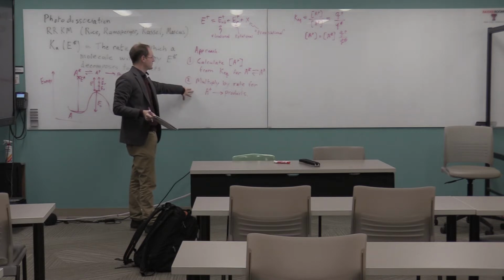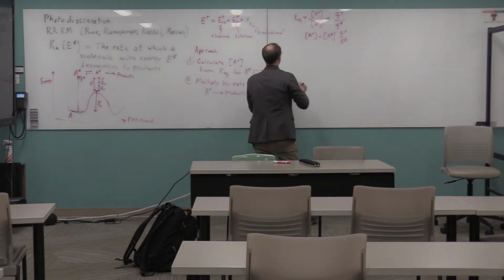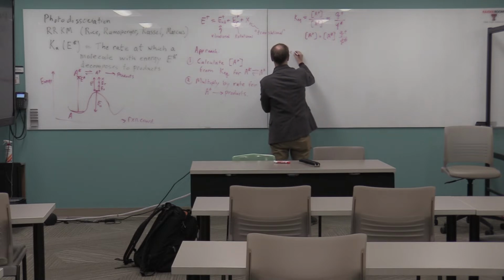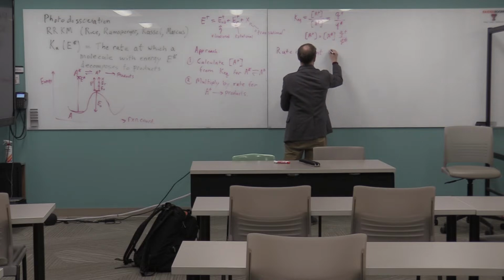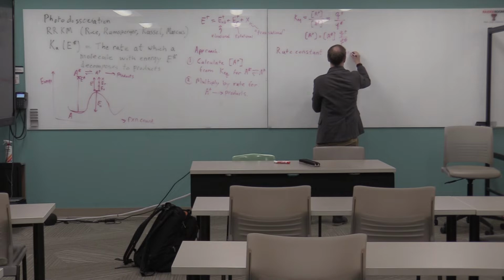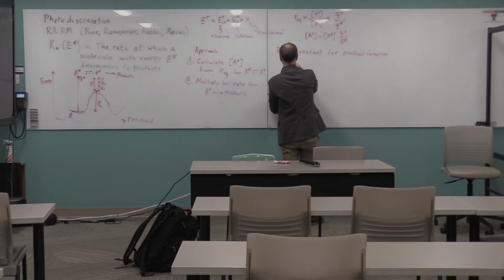So that's basically our strategy for number one. And then number two, we have to multiply that by the rate at which the activated complex falls apart to make products. And so the rate constant for product formation is 1/2.